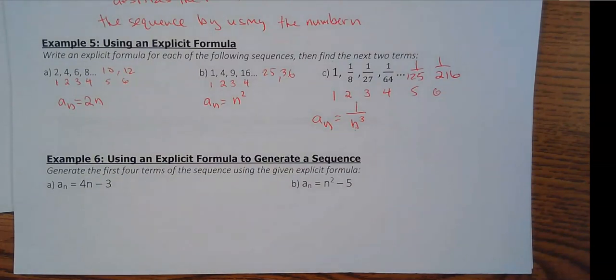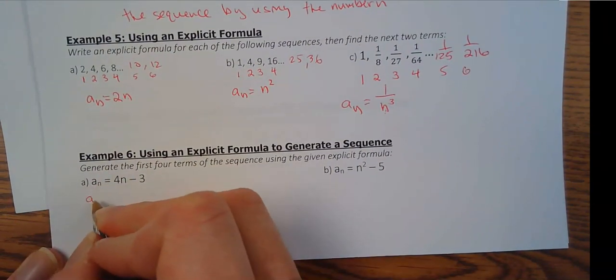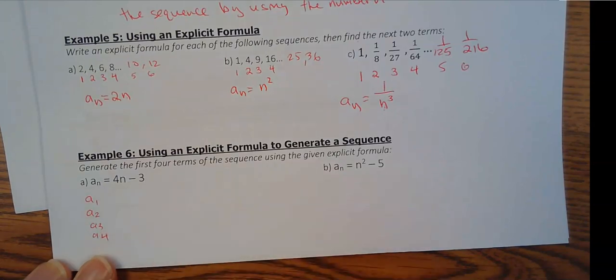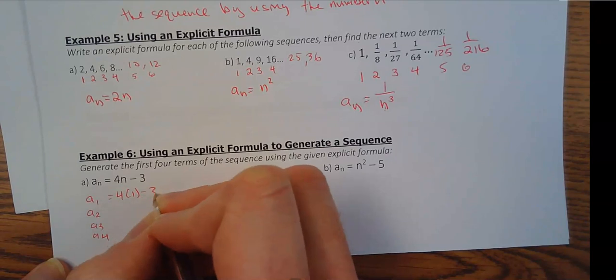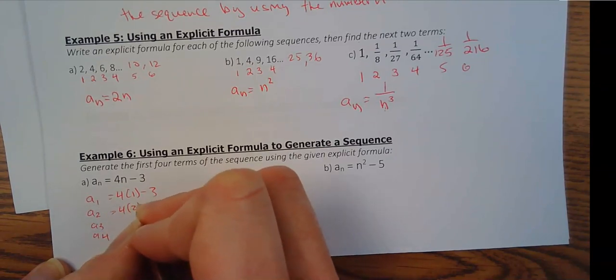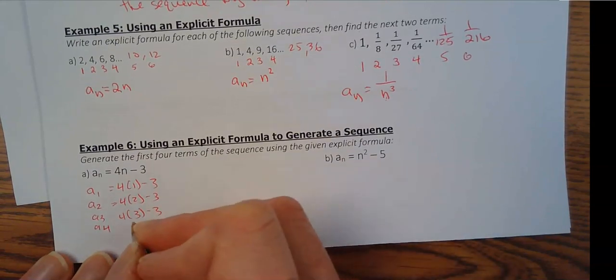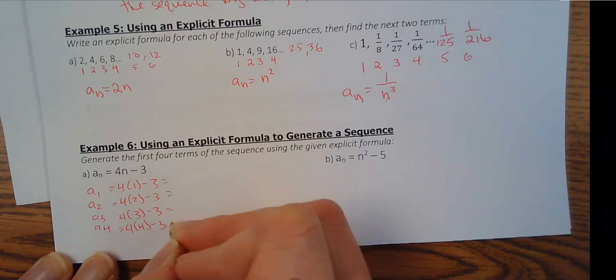Okay, now this is easier. If I give you the formula and I want you to find the first 4, a sub 1, a sub 2, a sub 3, a sub 4, you are just going to plug in. So this would be 4 times 1 minus 3, 4 times 2 minus 3, 4 times 3 minus 3, and then 4 times 4 minus 3.